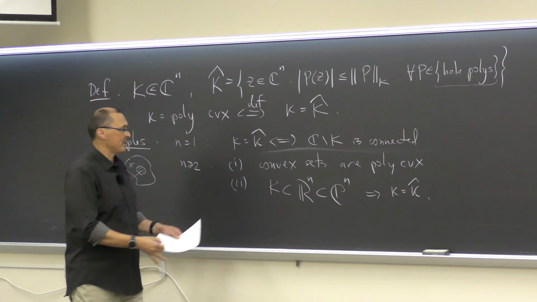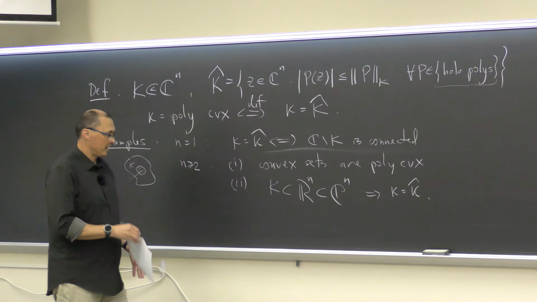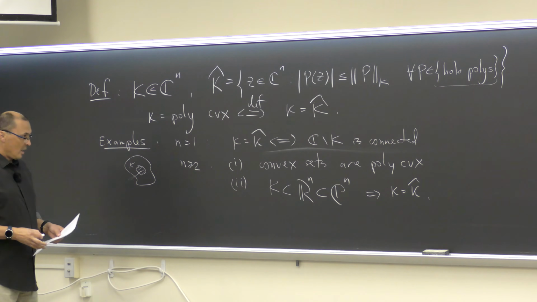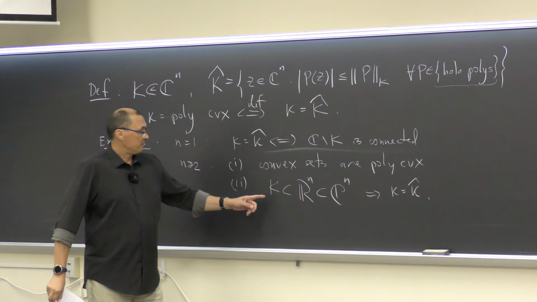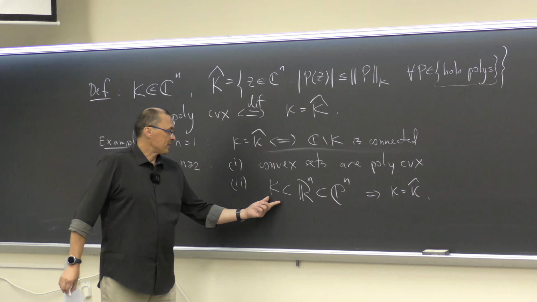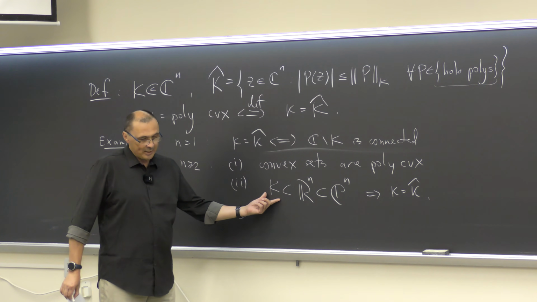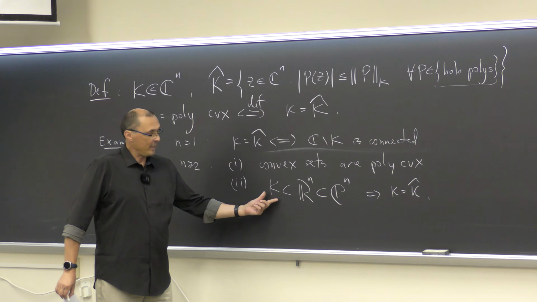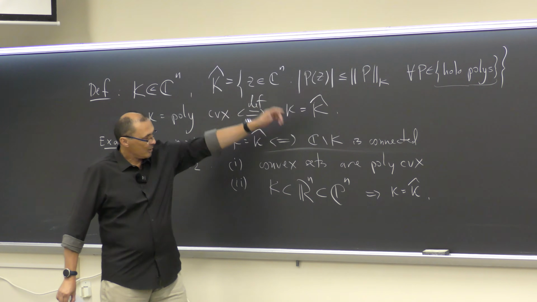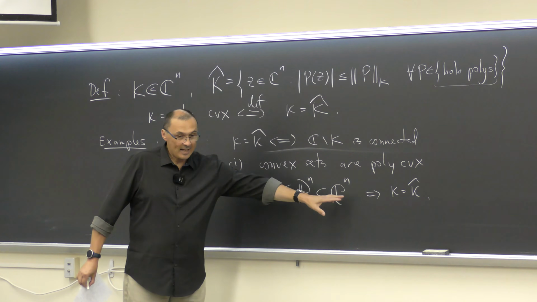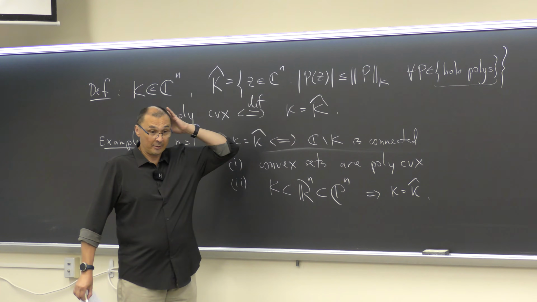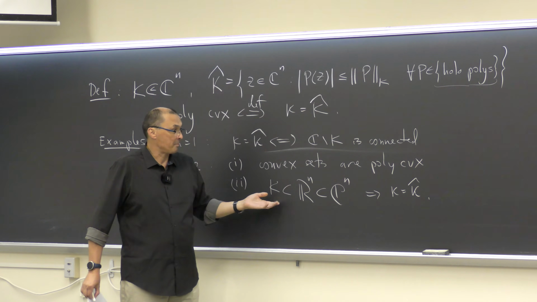So any compact set of Rn is polynomially convex. But there is a result by Iso that says that if you take any compact K that has uncountably many points, then you can diffeomorphically map it into some Cn so that the image will not be polynomially convex. But here it is polynomially convex.